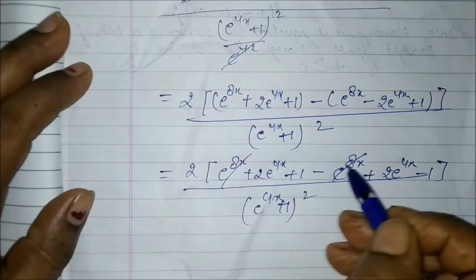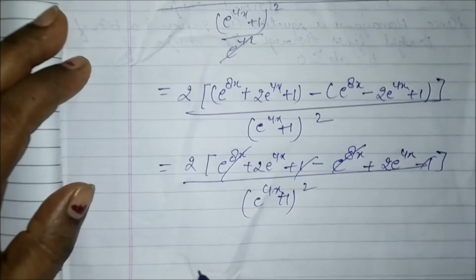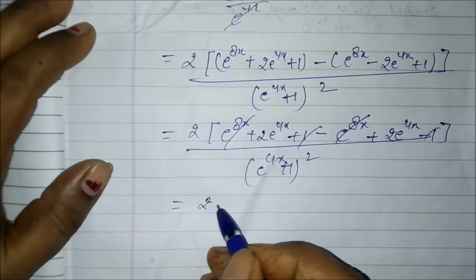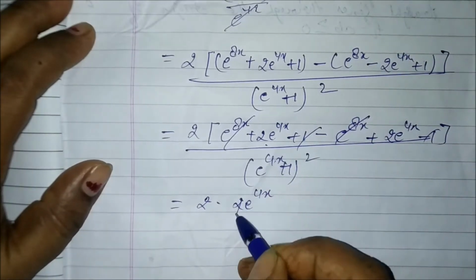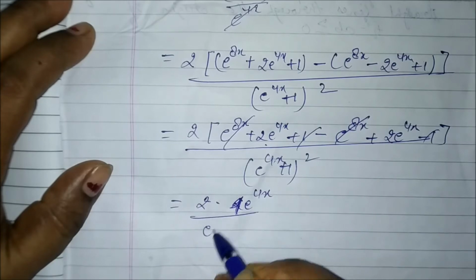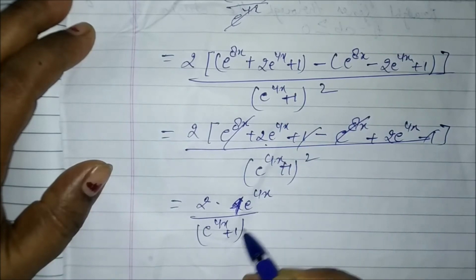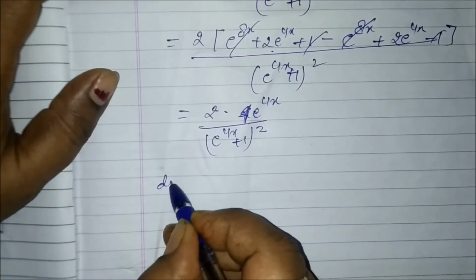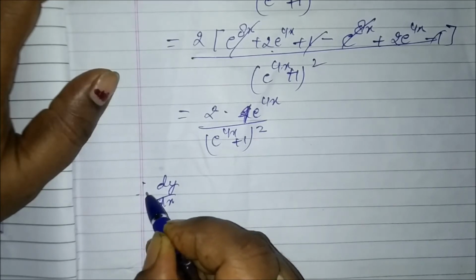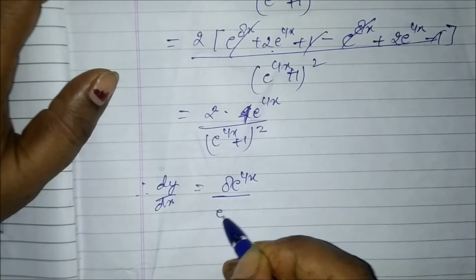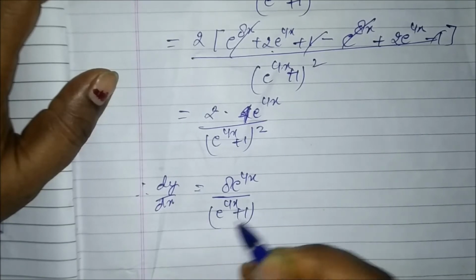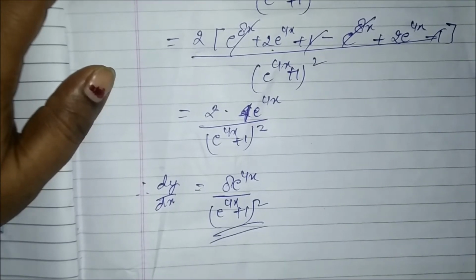Now this will be cancelled out. 1 and minus 1 will cancel out and we get 2 into 2 e raised to 4x, so 2 plus 2 becomes 4, upon (e raised to 4x plus 1) whole square. Then finally, therefore dy by dx equals 8 e raised to 4x upon (e raised to 4x plus 1) whole square. Clear?